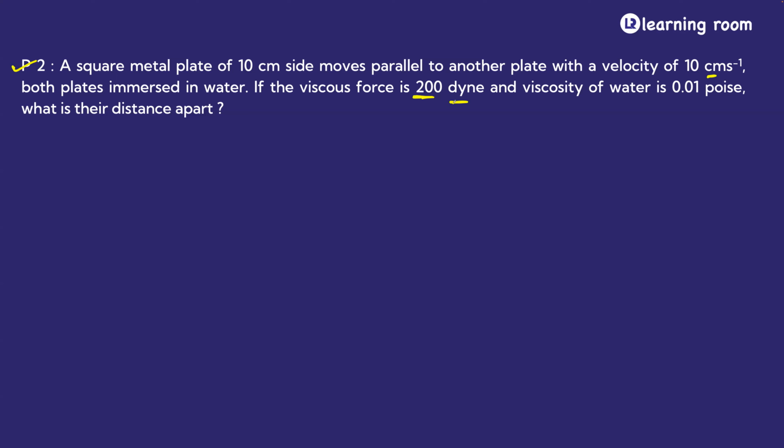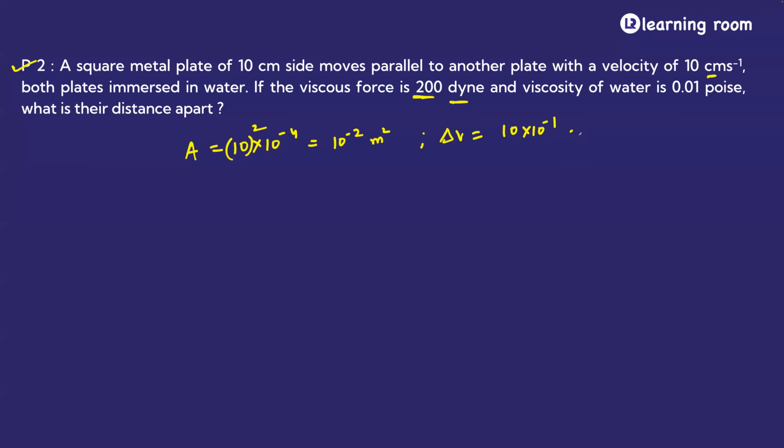Area is 10 into 10, it is 100 into 10 power minus 4, that is going to give you 10 power minus 2 meter square. Okay, next. 10 into 10 power minus 1.